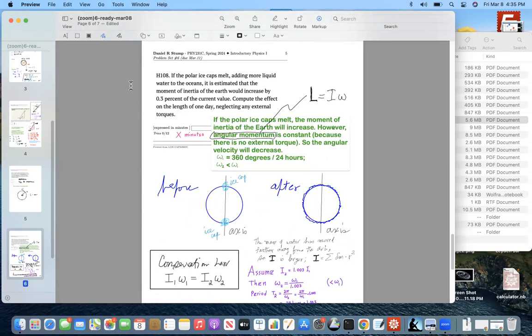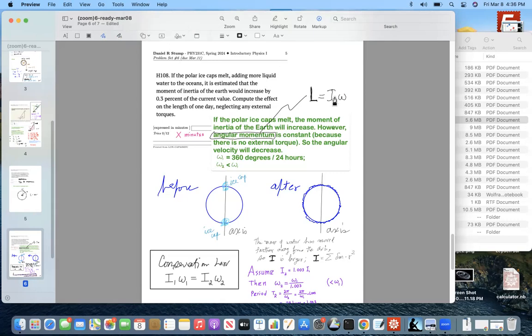Angular momentum is constant unless something outside of the system exerts a torque on the system. If there's no torque on the system, then angular momentum is constant. It's just like momentum is constant if there's no external force. Well, in this case, angular momentum is constant if there's no external torque.